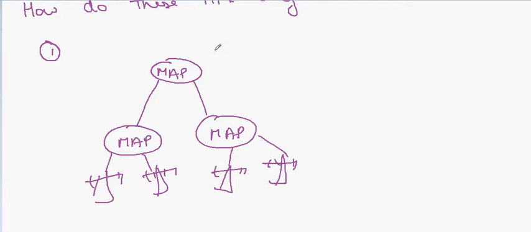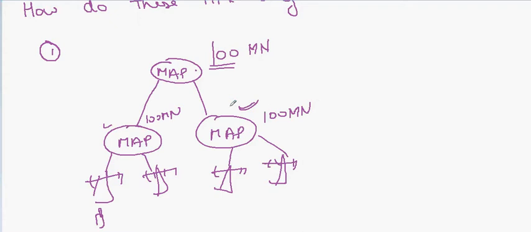If this can handle 100 mobile nodes, and this can handle 100 mobile nodes, and this can handle 100 mobile nodes, the first procedure is to select, for all those mobile nodes that register to these access routers, this MAP first until it is full. Once 100 mobile nodes are registered to this MAP, then these two access routers will select this MAP to register the mobile nodes, and these two access routers will select this MAP to register the mobile nodes.